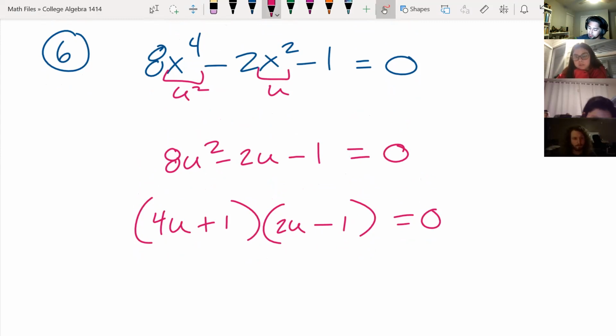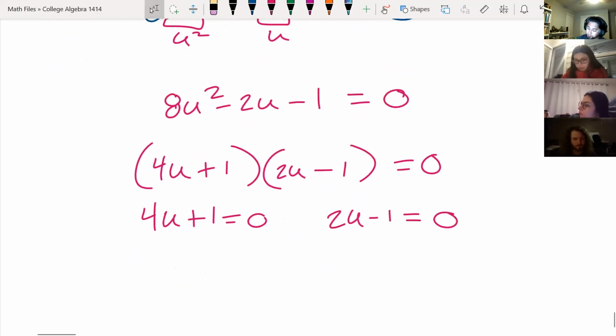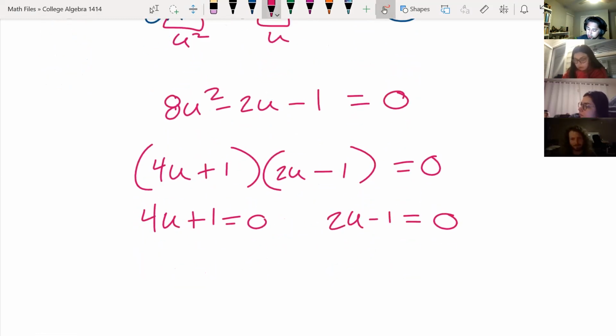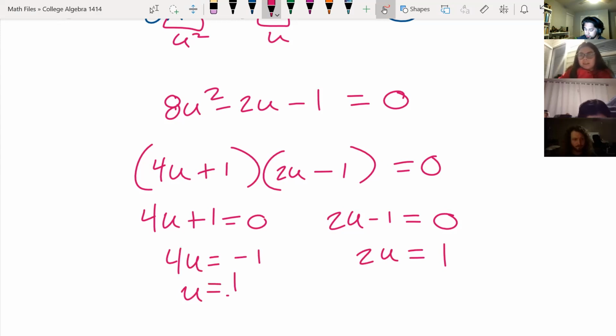And then you'd set these equal to 0. And we'd get 4u equals negative 1, 2u equals 1, u equals negative 1/4, and u equals 1/2.